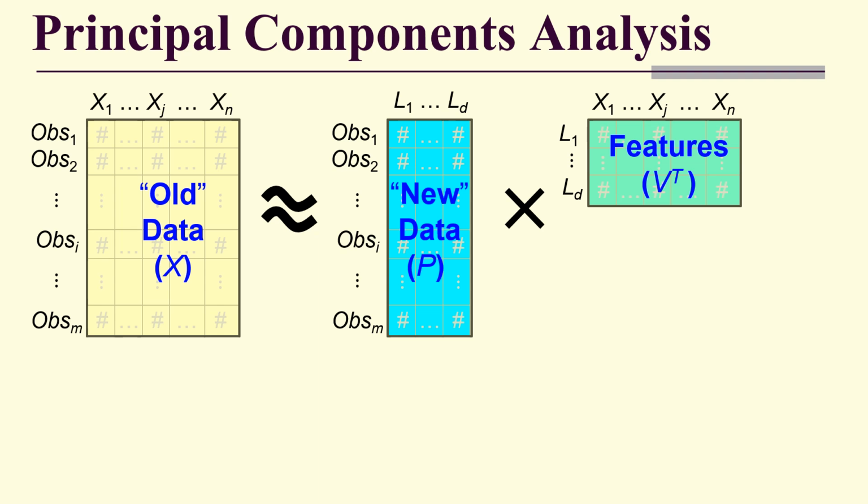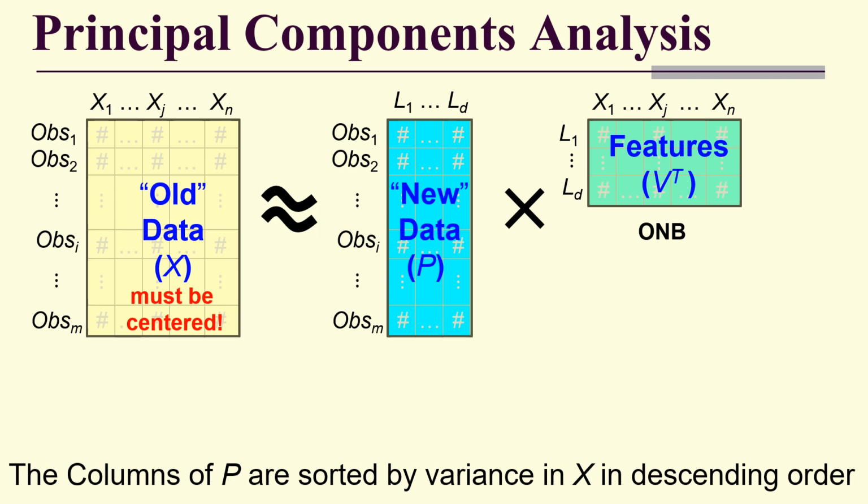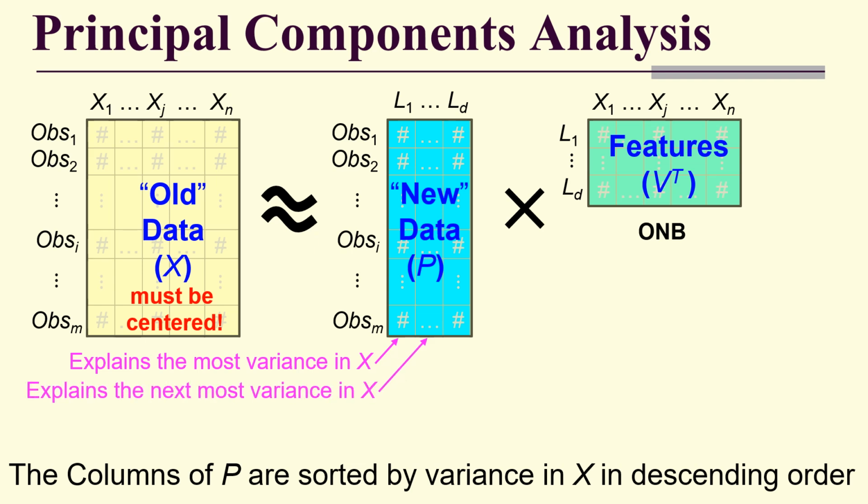So this gives us a low rank approximation. Remember, the data has to be centered. But notice that this features is an orthonormal basis, which means we can use P in place of X. And the columns of P are sorted by variance in X in descending order. So the first column explains the most variance, and the second the next most, and so on and so forth.